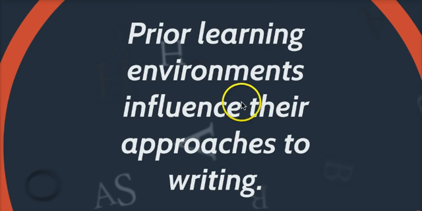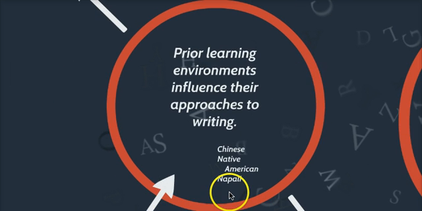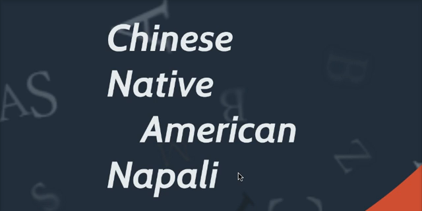The research found that children from Chinese families were focused more on the whole word. Now, we always think about, oh, we're going to sound out words if we need to know how to spell them while we're writing.